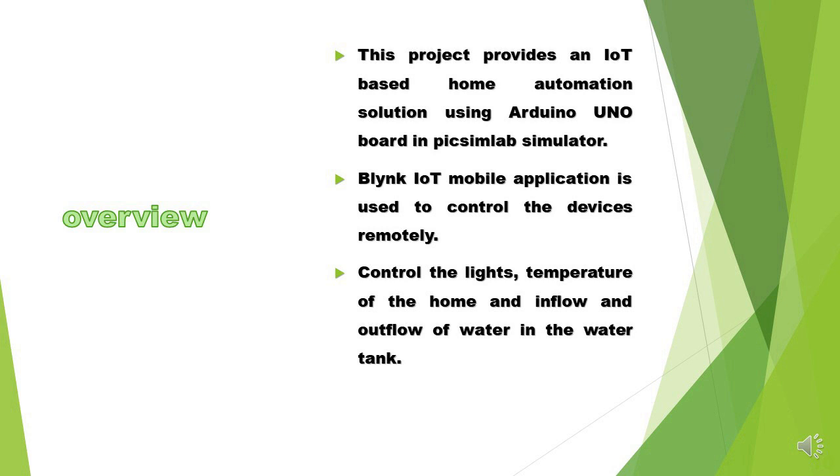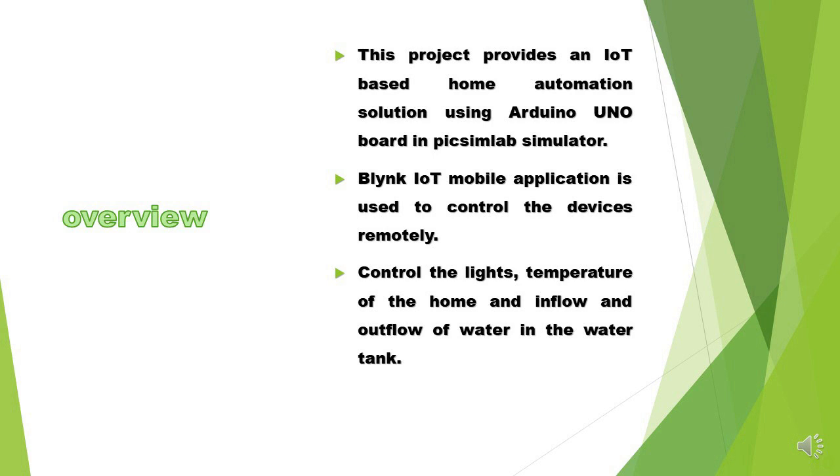Our project provides an IoT based home automation solution using an Arduino Uno board in the PixSim Lab simulator, and the Blynk IoT mobile application is used to control the devices remotely. We can control the light and temperature of the room or home and the inflow and outflow of water in the water tank using the Blynk IoT app.